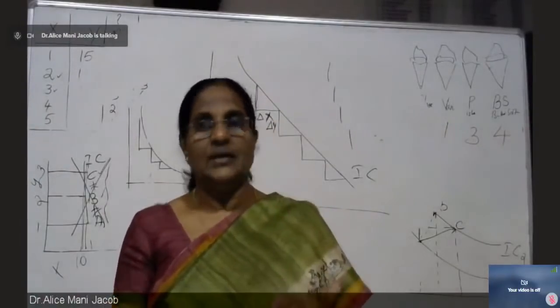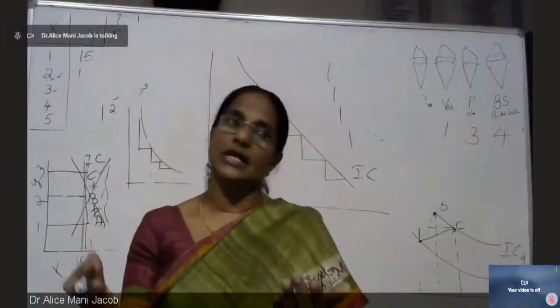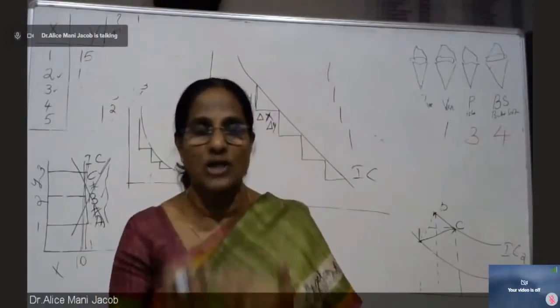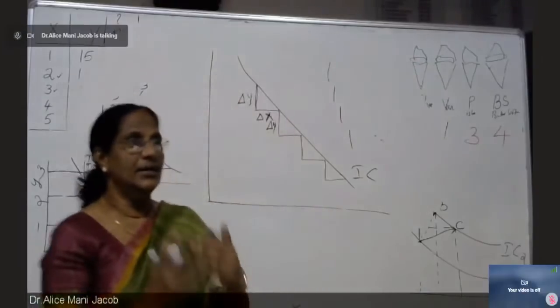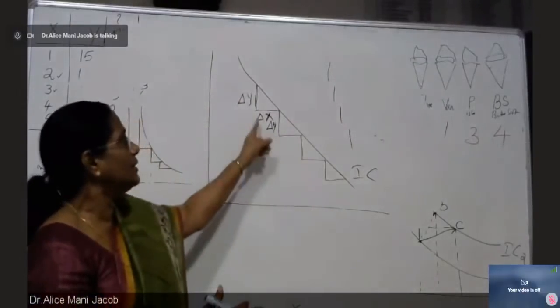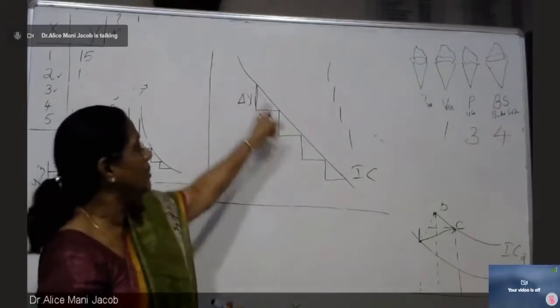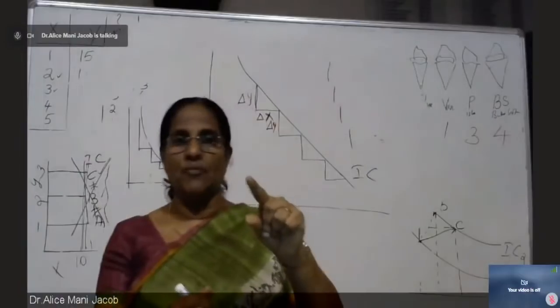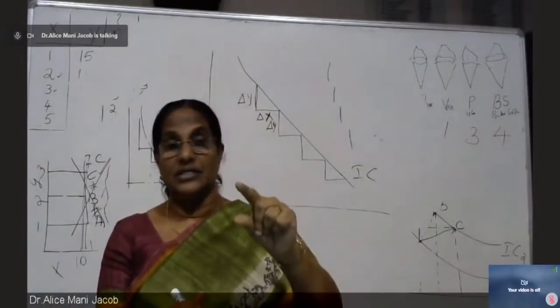So repeat, when two goods are perfect substitutes, your marginal rate of substitution is constant, and when it is constant, it cannot be convex, it will be a straight line. So what gives the shape of the indifference curve?